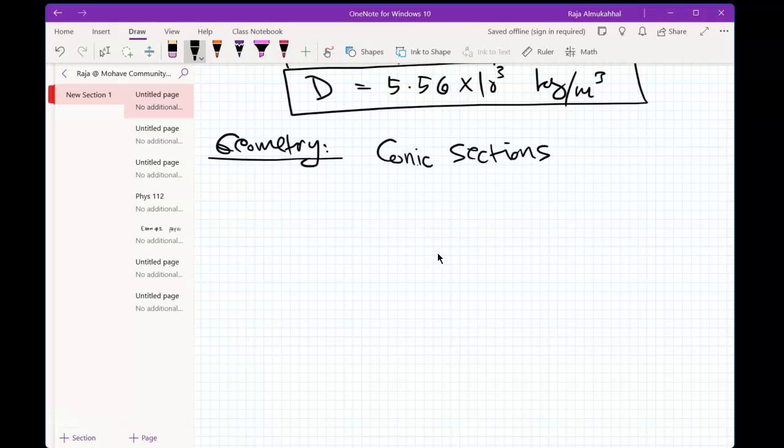For those of you who have taken maybe pre-calculus in high school, you probably ran across it. Definitely if you've taken calculus, you've probably seen it. But if you haven't, that's okay. I'm not trying to scare you or anything. The reason it's called conic section is because there are 4 shapes that come out from cutting a cone. As you know, the cone looks something like this.